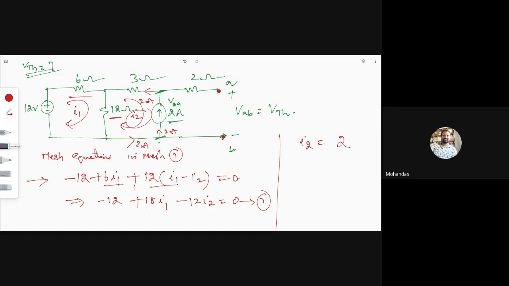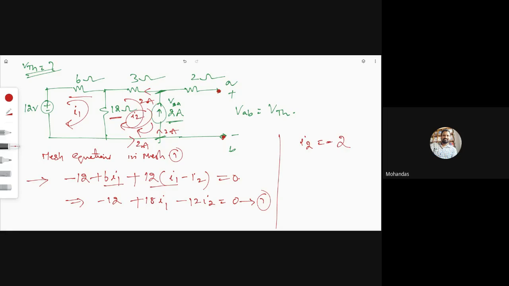But we assumed that the I2 current is in clockwise direction, so in which direction is the 2 ampere current flowing? Upward or downward? Please respond. It is in upward direction. As both the currents I1 and I2 are downward and the 2 ampere current is upward, we have to write minus 2 amperes.